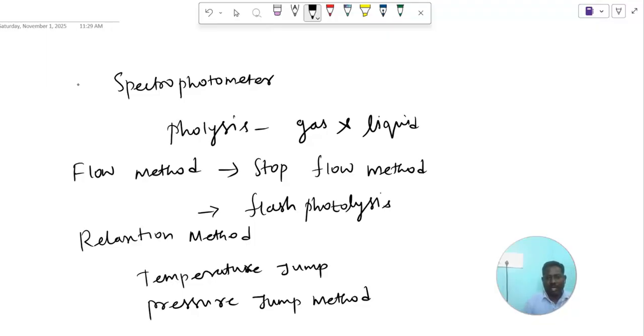So once again I am just recalling the introduction. Kinetics deals with the measurement of rate of the reaction. This rate of the reaction is studied under given conditions. The conditions are temperature, pressure and concentration.